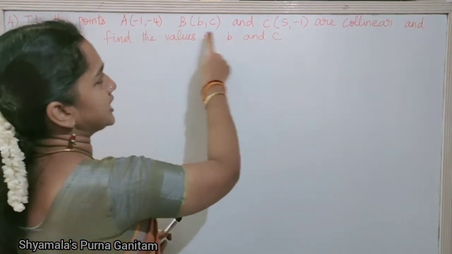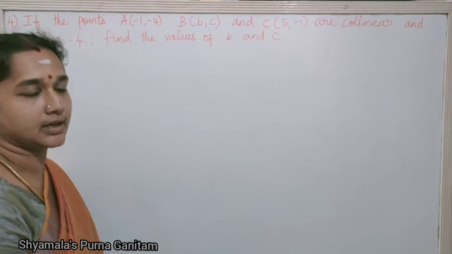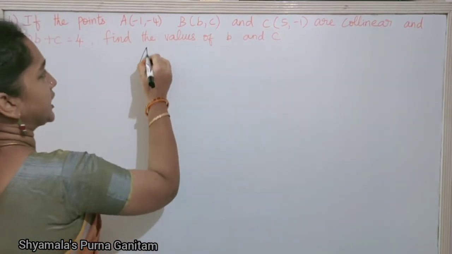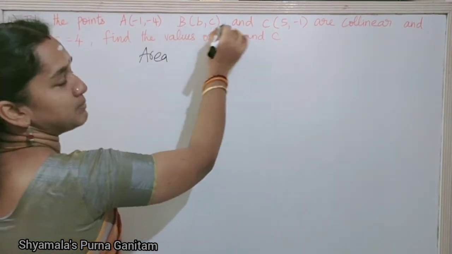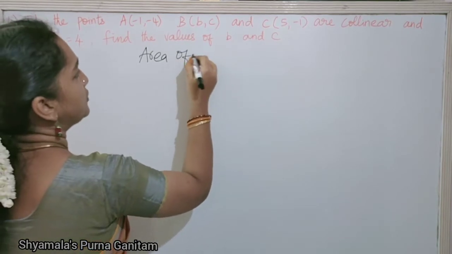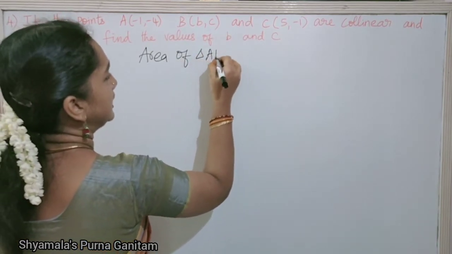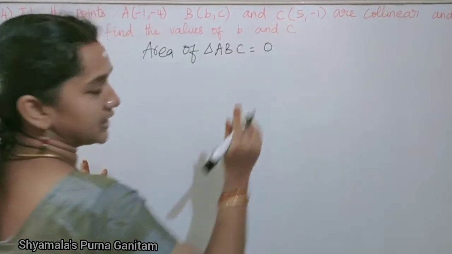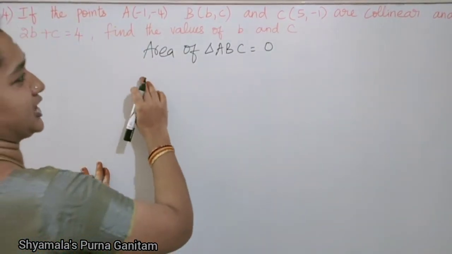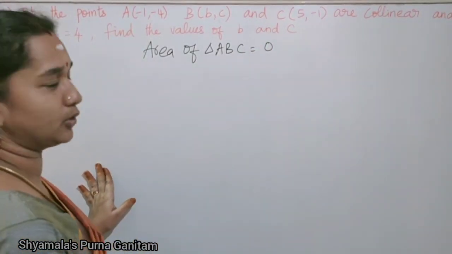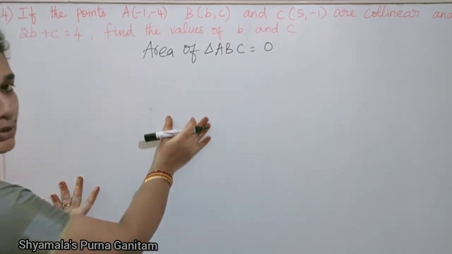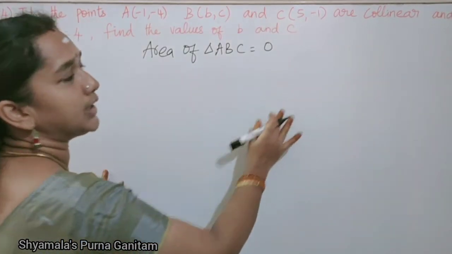So in the question it is given A, B, C are collinear. That means the area of triangle ABC is equal to 0. So you know the formula for the area of triangle ABC, that will be equated to 0.